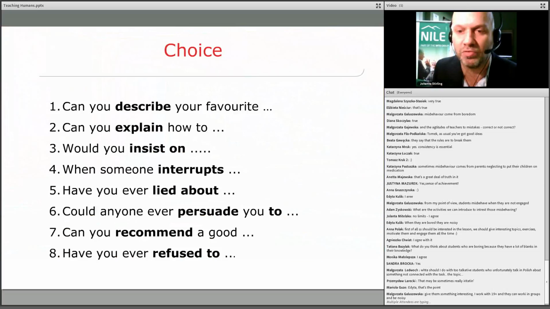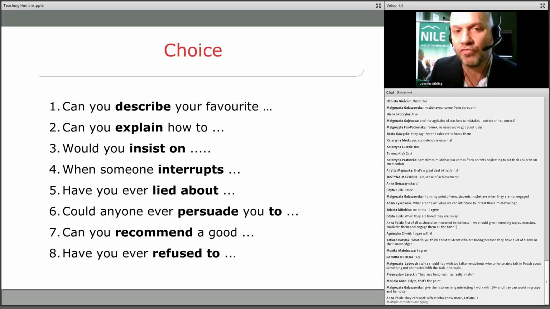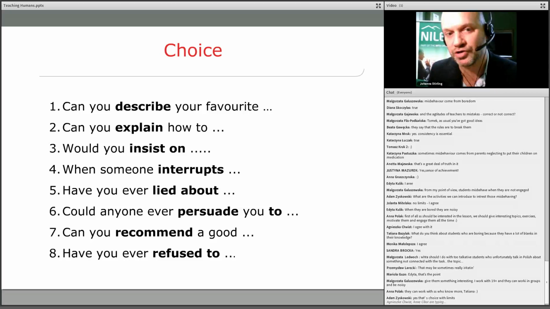So to give you an example here, this is an example of words that we might have taught in the class, or that students might have been asked to learn prior to the class, right? Those words are highlighted in bold. Describe, explain, insist on, right? What we have done here is created questions, but the question's not finished, right?